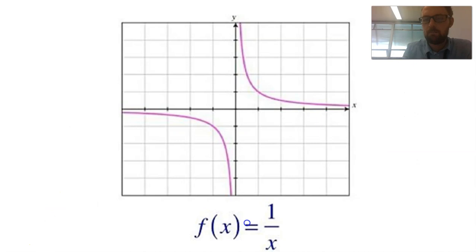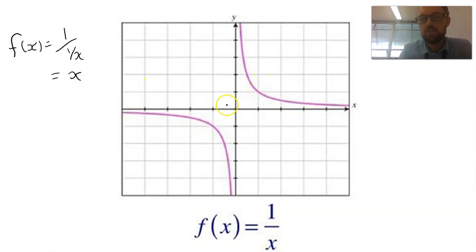We've got our function, this was the one we looked at earlier, f of x equals 1 over x. Now my reciprocal function is 1 over 1 over x. If we divide in the denominator, we can just bring that 1 to the top, so it equals x.